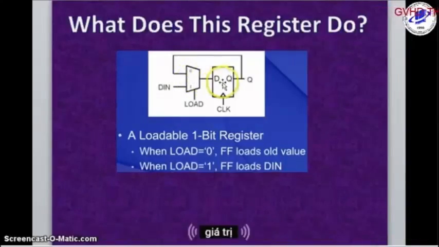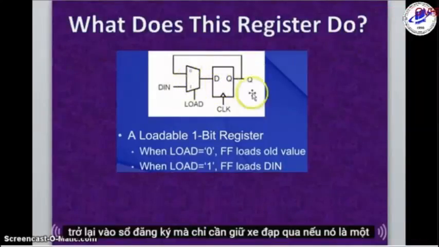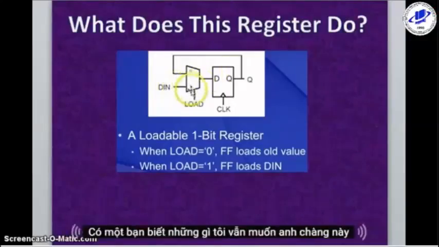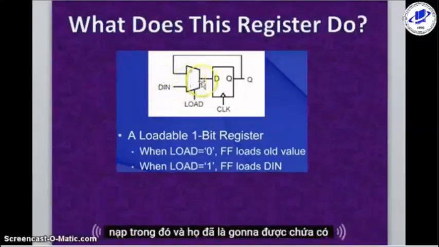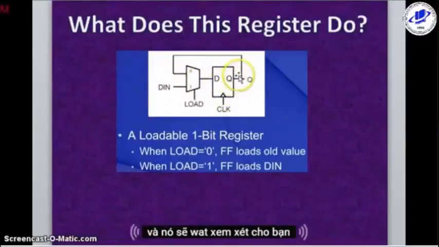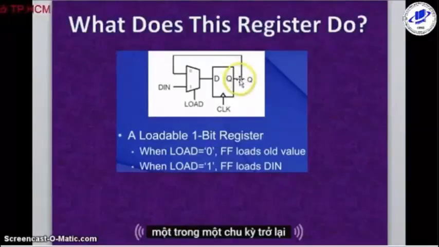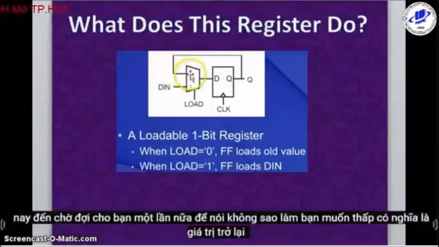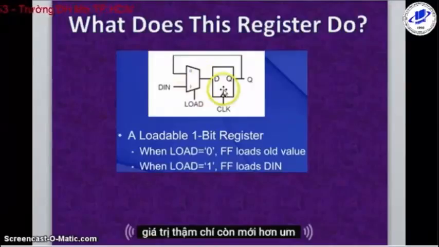Let's put the old value back into that register. Just keep cycling through. If it's 1, you're going to say, you know what? I kind of want this guy loaded in there, and that is going to be contained there, and it will cycle back, and now it'll wait for you again to say, okay, do you want to load that new value back in again, or do you want to put an even newer value in?